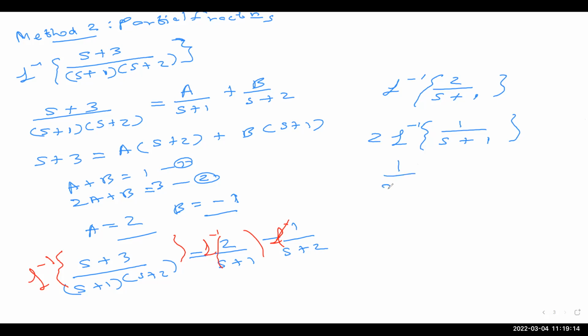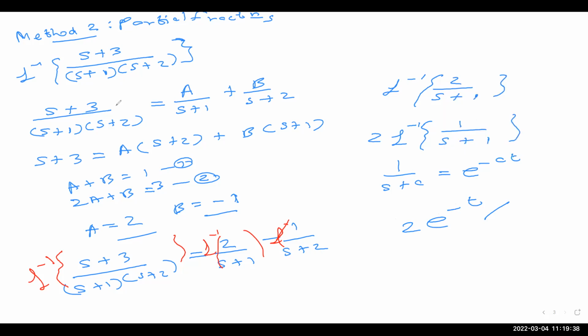So we know that 1 over s plus a is equal to e to the power minus at, right? So we know our a is equal to 1. So if we simply transform this, we'll get 2 from here, e^(-t). So we have one part. The other part I will just do here because we don't need much space for that.